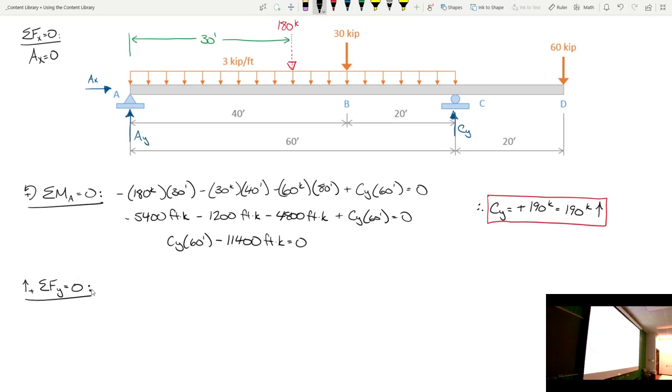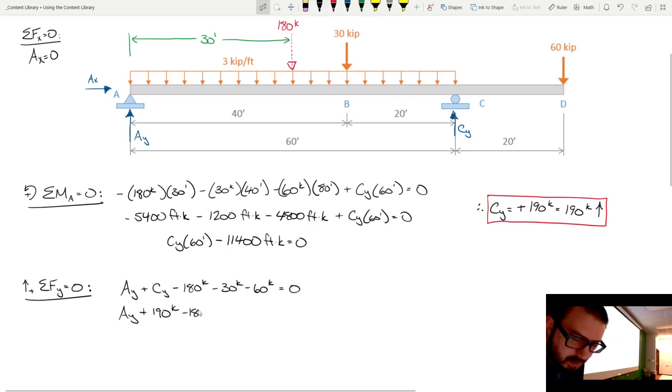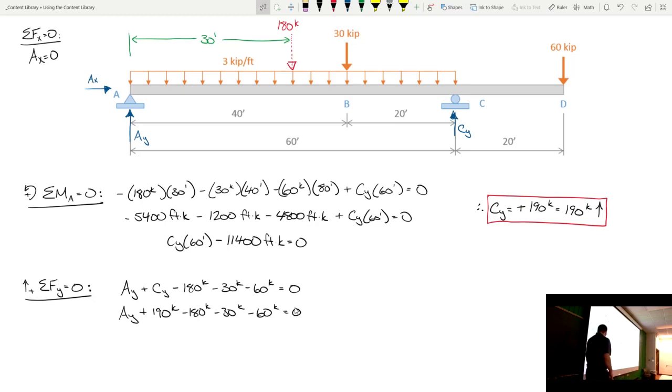By now, this part should start to get to be pretty easy, right? Because we're just doing what we've done for multiple problems at this point. AY and CY are going up. We have 180 kips, 30 kips, 60 kips going down. We know that CY is 190. So 190 and 180, that's 10 minus 30 minus 20, and so that's minus 80.